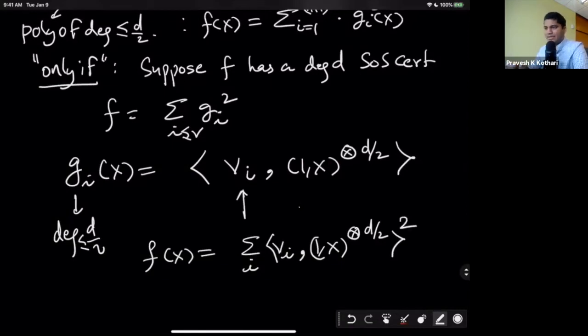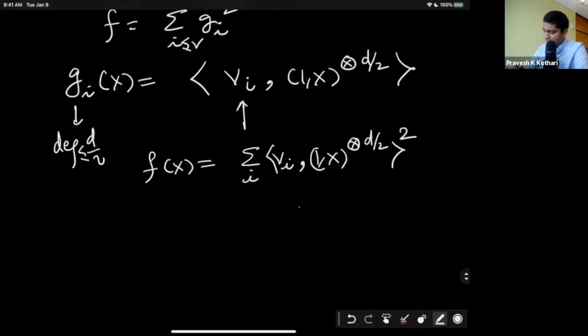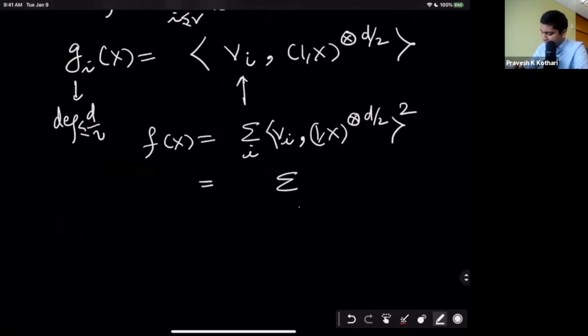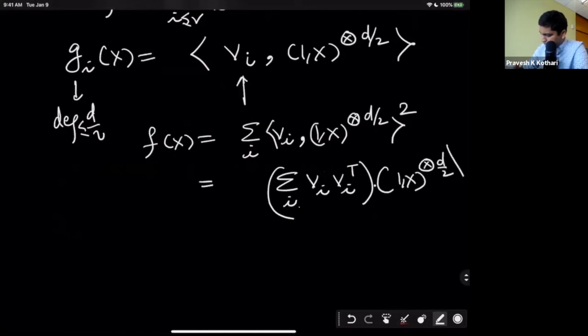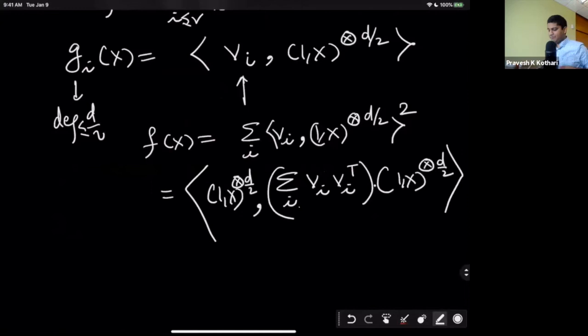And now, I'm just going to do basic linear algebraic manipulations again. So I'm going to write this as the sum over i of v_i transposed, and so on.